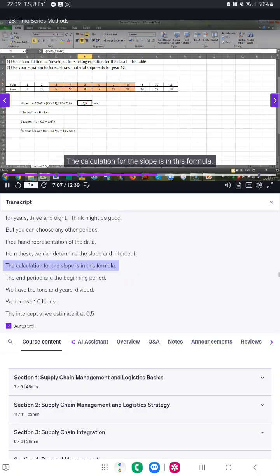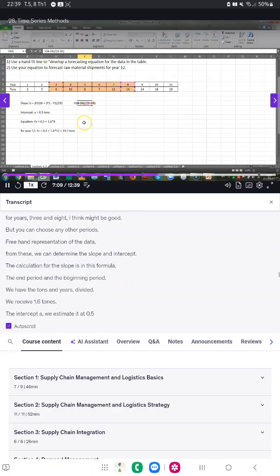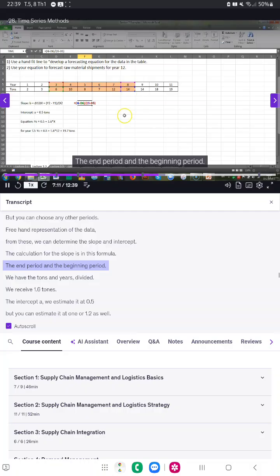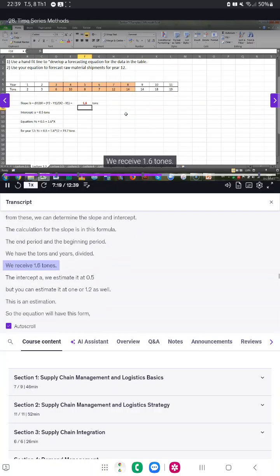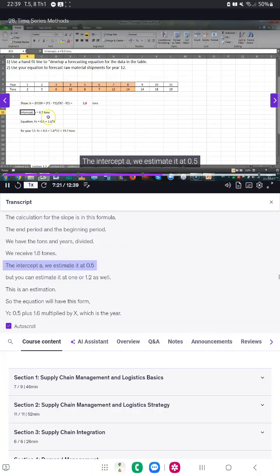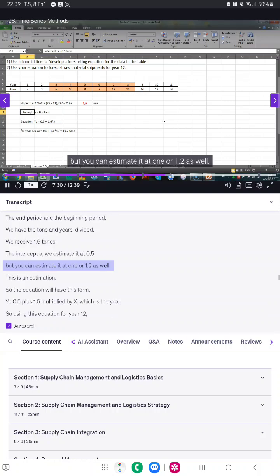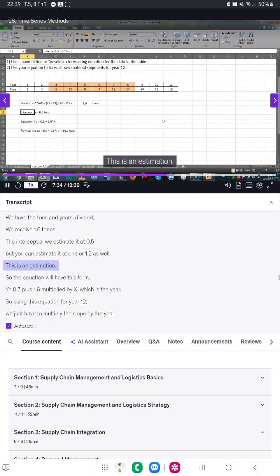The calculation for the slope is in this formula: the end period and the beginning period. We have the tons and the years divided. We receive 1.6 tons. The intercept A, we estimated at 0.5, but you can estimate it at 1 or 1.2 as well. This is an estimation.